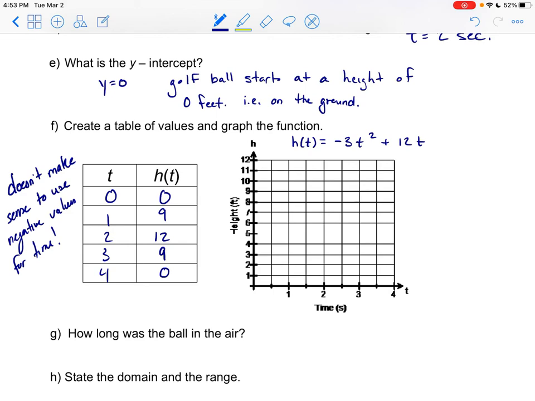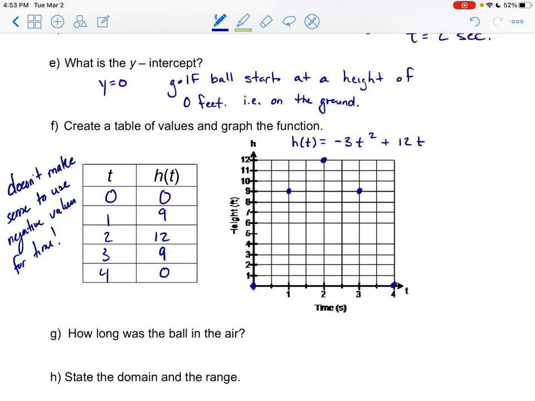So we'll label some of these points. Let's start with the vertex. So it's a height of 12 at a time of 2 seconds gives us this point. At 1 second, we're at 9 feet. We know at 0 seconds, we're at 0 feet. At 3 seconds, we're at 9 feet as well.